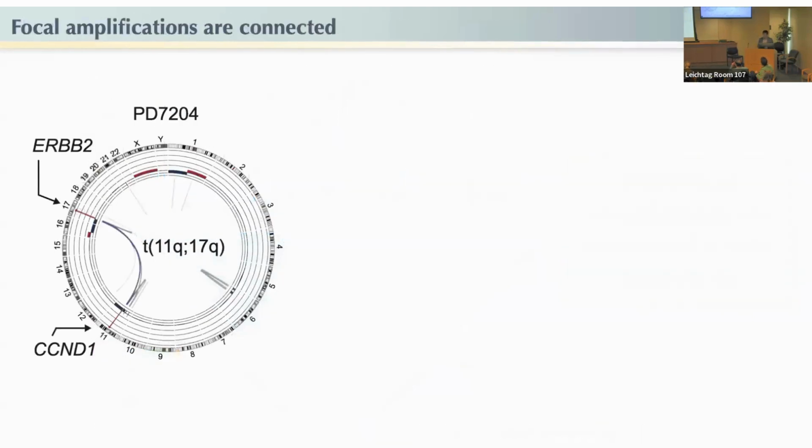Now, these amplifications are really amazing in some sense because they are recurrent in different cases. So here's one example of a patient with amplifications, right? Those are the peaks at the end of this translocation, containing ERBB2 and CCND1.